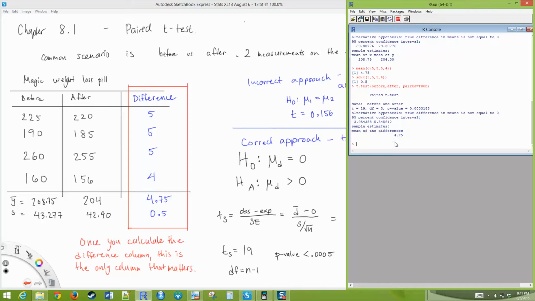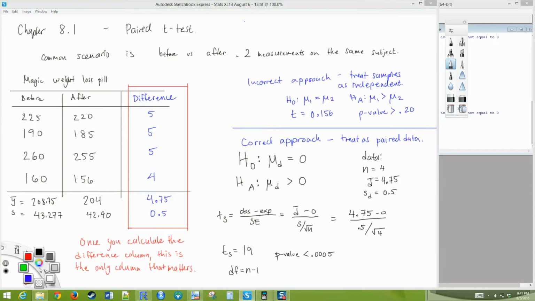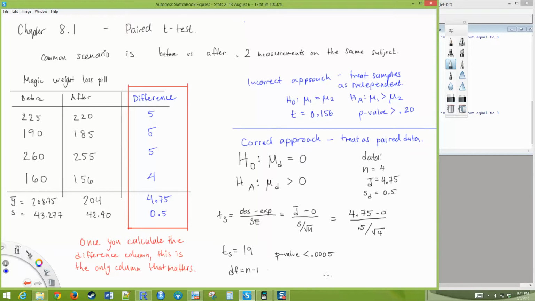That indicates it is statistically significant, and we would reject the null, and we have evidence there is positive weight loss with the pill.